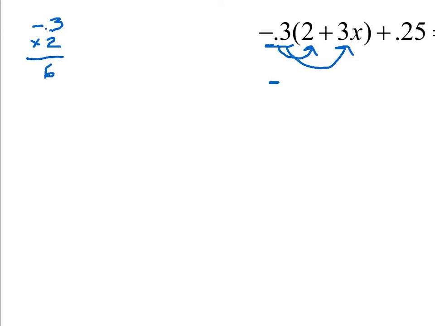Second of all, I have 6, but I need to pay attention to my decimal place. It's going to be negative 0.6 plus negative 0.3 times 3x. That's 3 times 3, again, this is a bad date, so I better get my negative over there. 9, decimal goes out in front, that's negative 0.9.